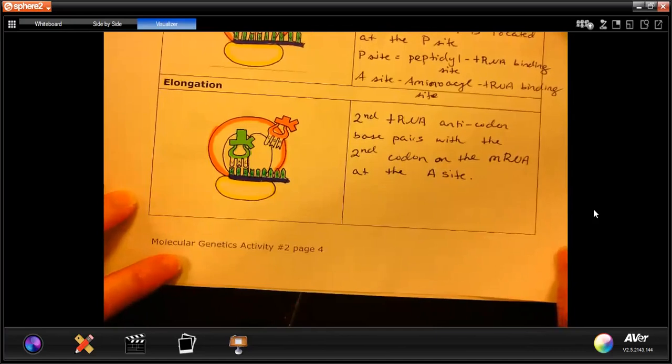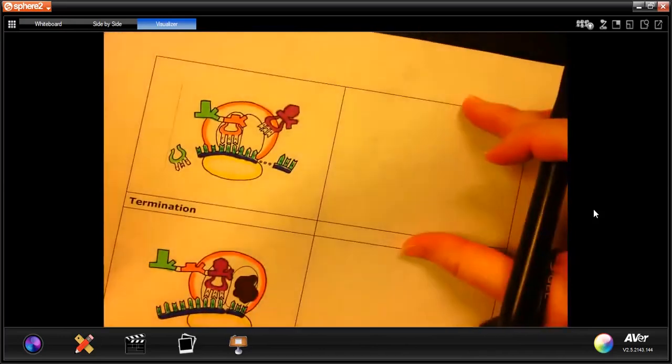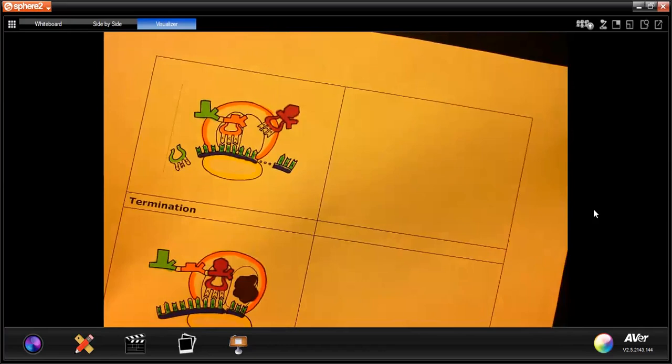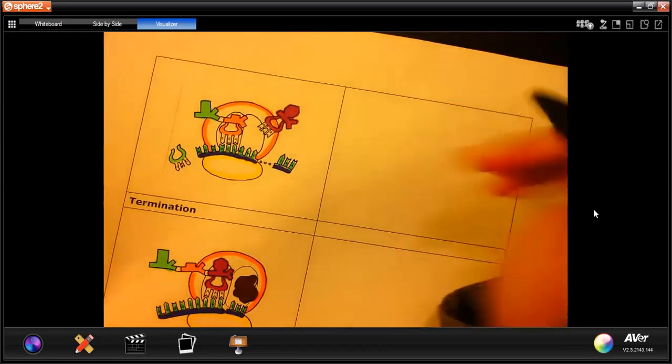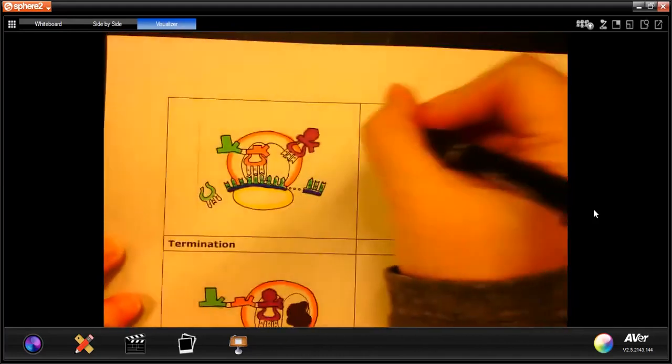Okay. We're in elongation now. This is past initiation. We're going to talk about a lot in this little box. So after that second codon comes in and binds at the A site, here's what happens.